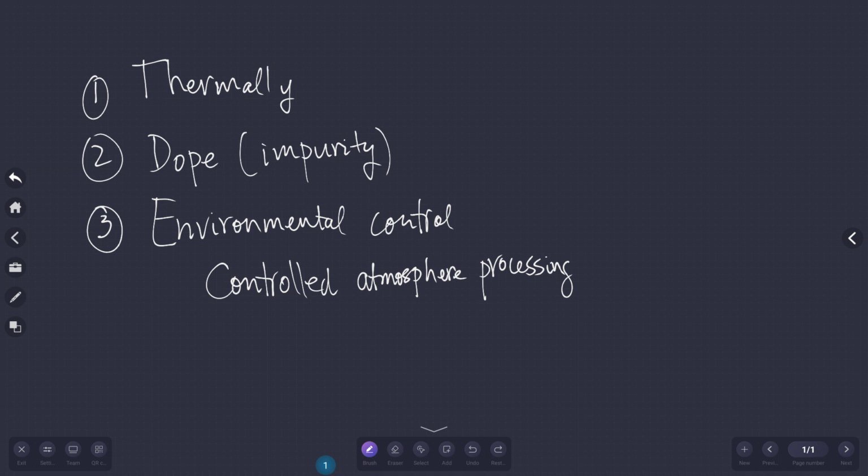If you compare between 2 and 3, there's less risk because you are not introducing any impurity. But in the doping, depending on what you are putting in, you can always create a second phase or your impurity will do weird things that you don't want.